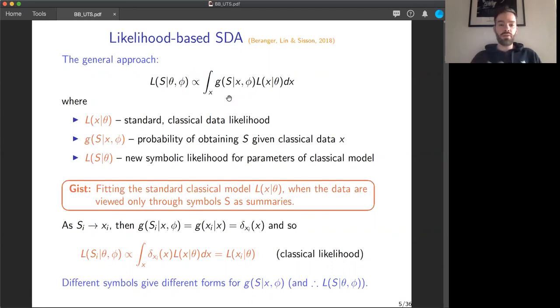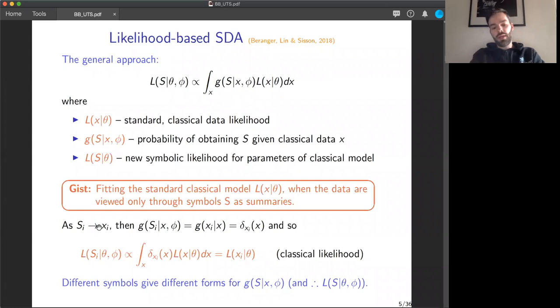Imagine that the symbol is a histogram. You will integrate over all the possible data sets of size n that are going to give you the symbol S. That way you get the symbolic likelihood, L of S given theta, and you can maximize it to get an estimate of theta, the parameter of the model of interest.